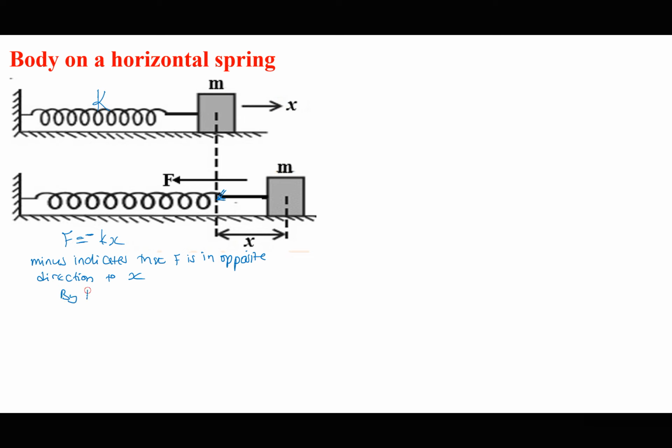By Newton's second law, when I write N2, that is Newton's second law, ma is going to be equal to negative Kx, because force is equal to ma. So the acceleration is going to be equal to negative of K over M times x. Of course, this is going to be simple harmonic motion because K and M are constants, so a is directly proportional to x. The minus indicates that a and x are always in opposite directions, hence simple harmonic motion. So we can compare.